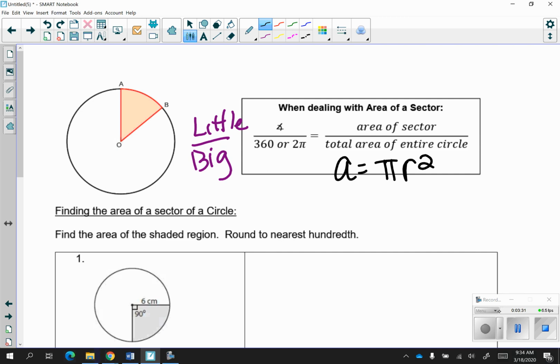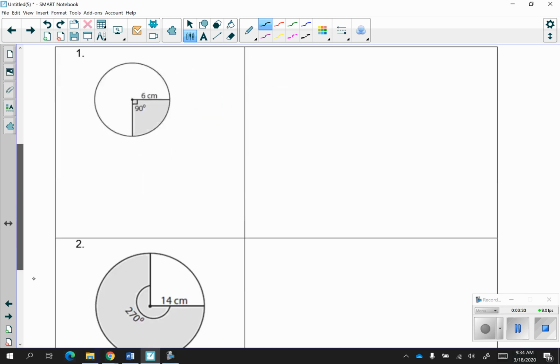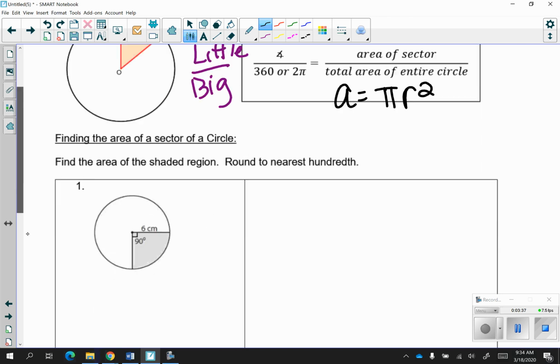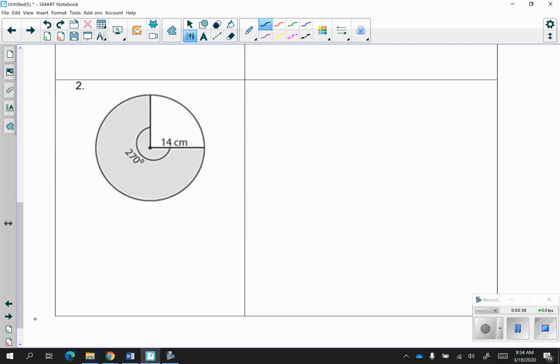Let's take a look at number 2. This is the shaded area. So all we're going to set up is a little to big problem and fill in the pieces.